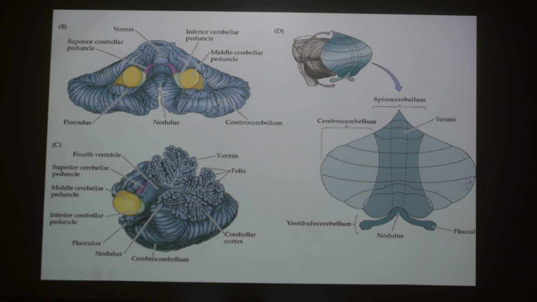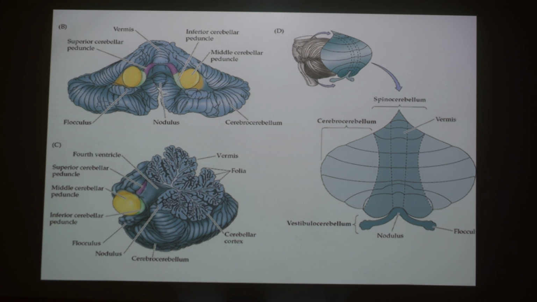The third diagram which you are looking at is showing you the three functional lobes of the cerebellum. We are not talking about anatomical lobes at the moment. We are talking about the functional lobes of the cerebellum. The three functional lobes include the cerebrocerebellum, which is the lateralmost part of the cerebellar hemisphere. That means it is going to project back into the cerebral cortex.